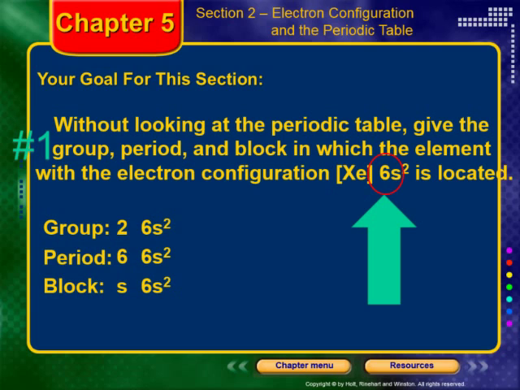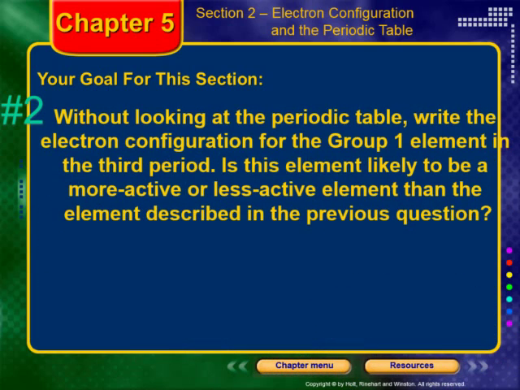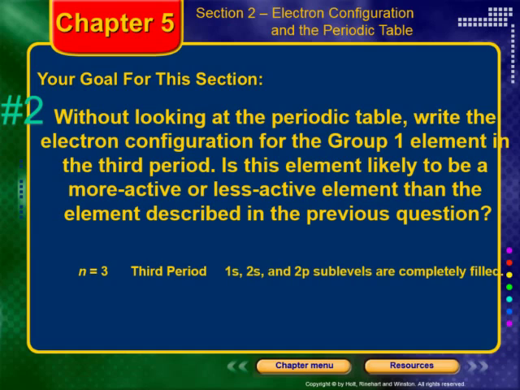Let's go on to our second check for understanding. Write the electron configuration for the group 1 element in the third period. Let's start with that before we consider the more or less active part. You're talking about the third period, so n equals 3. That means 1s, 2s, and 2p sublevels are completely filled.